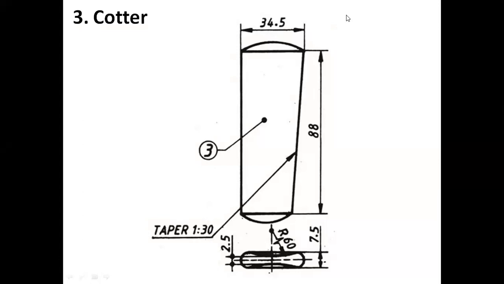Here I'll be going to the third part, and after this, I'll be creating the same part using the dimensions of that cotter joint, with the dimensions of the cotter given in the question, using Solid Edge version 19. Okay, the same thing, now we will be going to the solid part.